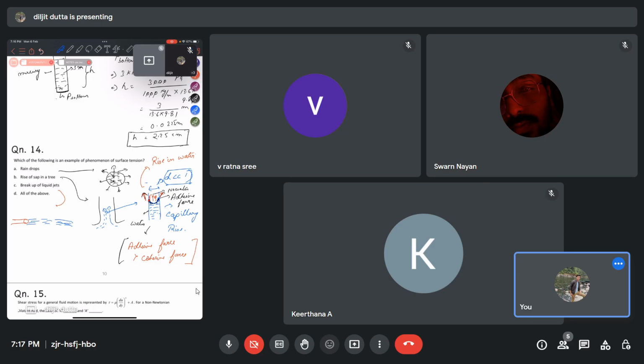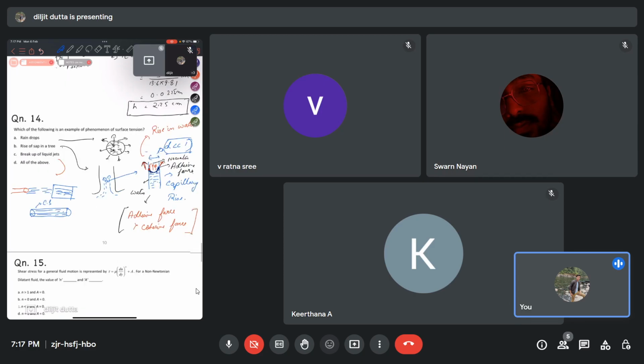If we take this cross section of the liquid jet, and divide the liquid jet into two parts based on this central line, this is R and this length is L.